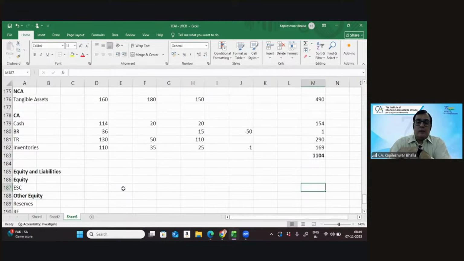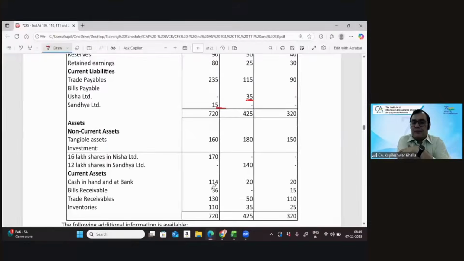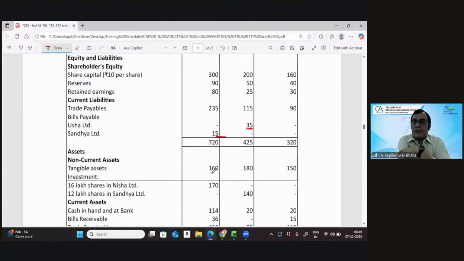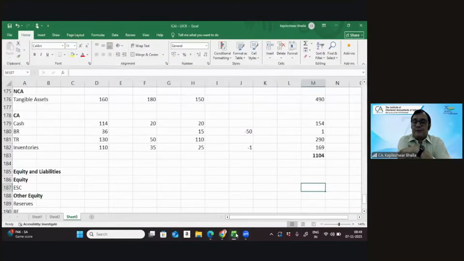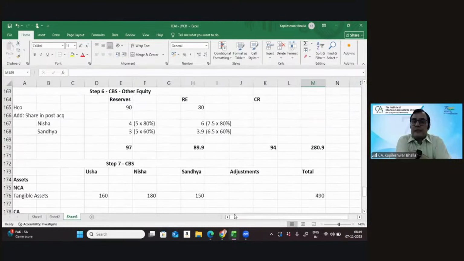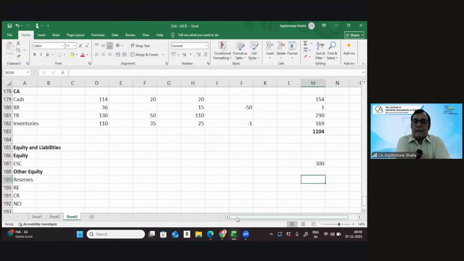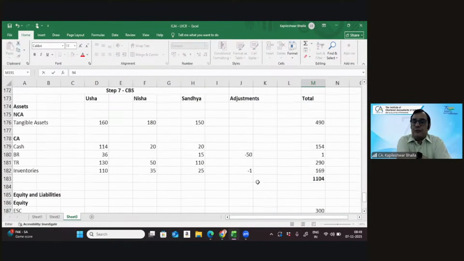Equity share capital will be only for the parent company, and that's to the extent of 300. You can copy the inputs from step 6. Reserves is 97, and RE is 89.9, capital reserve is 94.